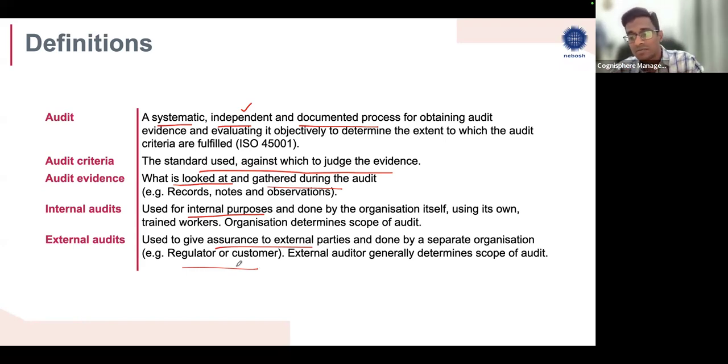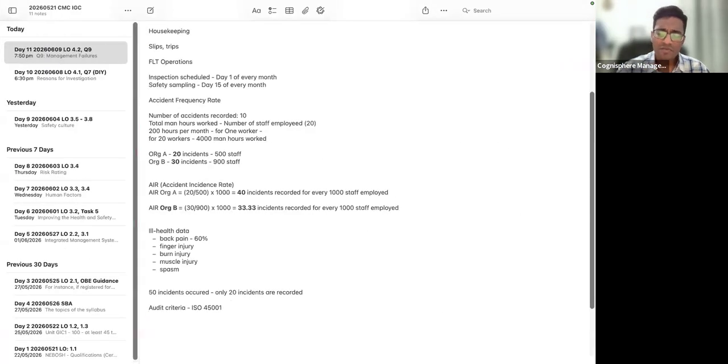Now, in general, they say audits happen in two stages. Stage one audit is where you collect all the documents. It's very much about document review. So colloquially, they say, say what you do.